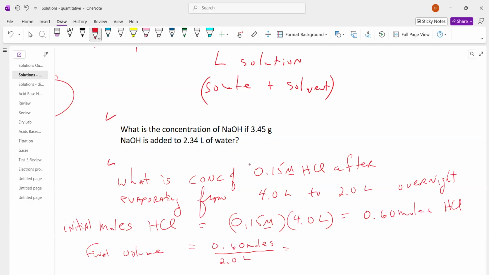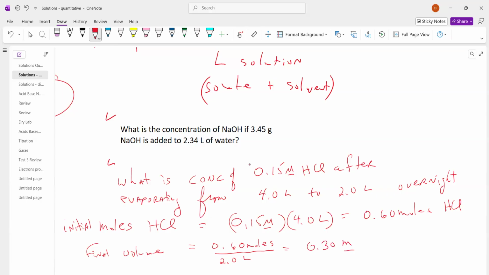So now our concentration is 0.3. So the concentration went from 0.15 moles per liter to 0.3.